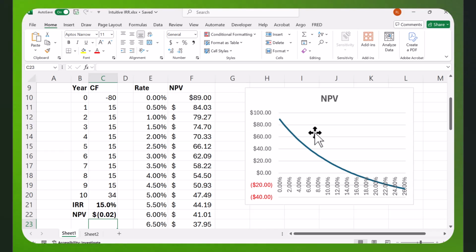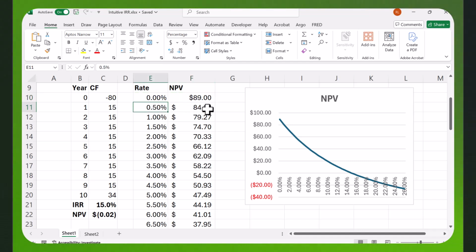So over here, I have something that you may also have seen, the NPV profile. That is, this is the NPV for different interest rates. Interest rates down here on the x-axis and NPV on the y-axis. And all I did was I computed NPV, and I put in the equation for NPV, but instead of 15%, I used the interest rates that were here.